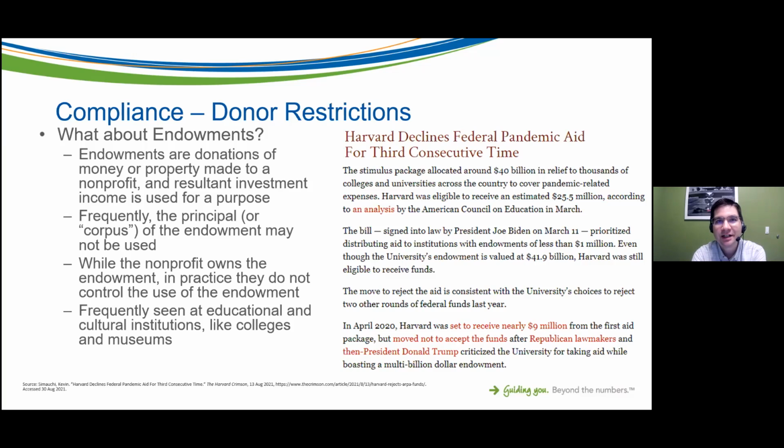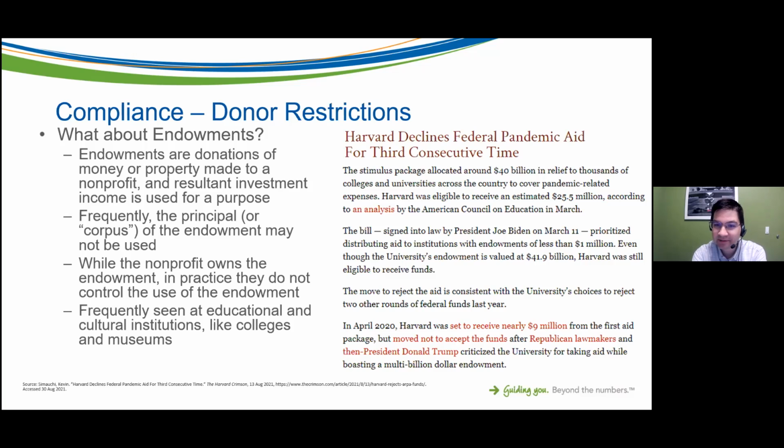And when I was doing my research here, there was a kerfuffle with Harvard. So Harvard had applied for coronavirus aid. But then there were outcries because Harvard has a large endowment.